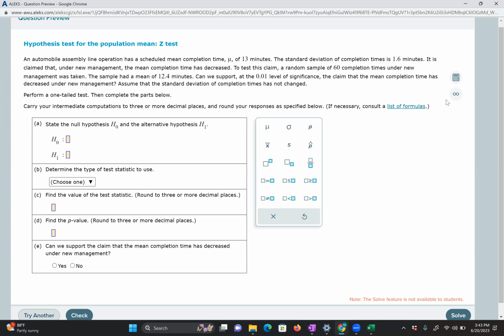To test the claim, a random sample of 100 completion times under new management was taken. They found a sample mean of 12.4 minutes. Can we support at the 0.01 level of significance the claim that the mean completion time has decreased under new management? Assume that the standard deviation of completion times has not changed. We only want a one-tailed test here.